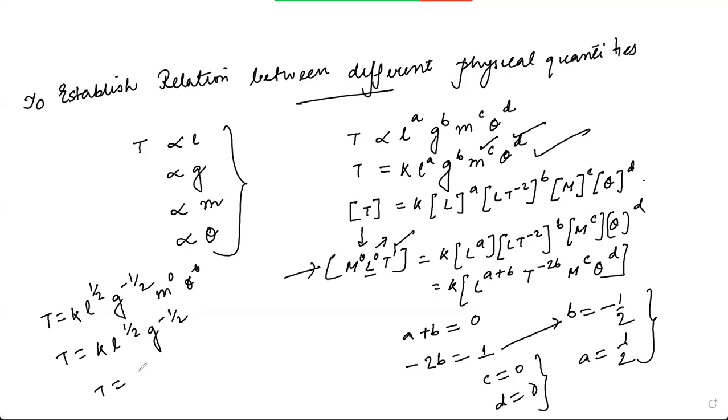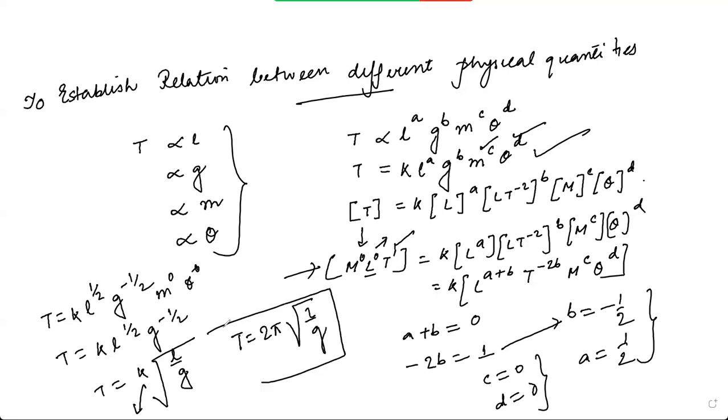So T comes out as K root over L by G. Now from the experimental condition, K is 2 pi. So T is 2 pi root over L by G. This is the actual formula of the pendulum. So we calculated this formula of the pendulum from the different physical quantities given.